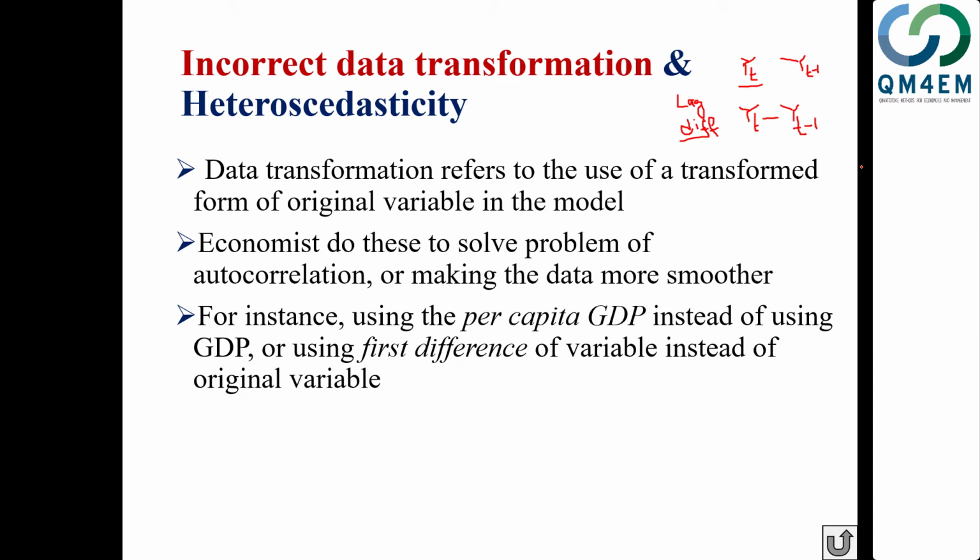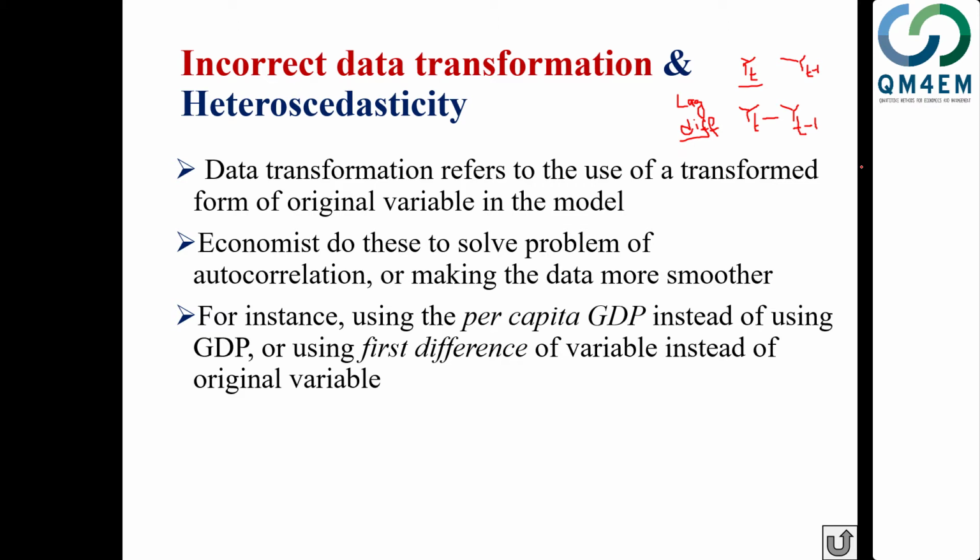Or you use the GDP per capita instead of GDP. So these are kinds of transformations, and obviously they change the interpretation of your variables, but at the same time they do help you to solve problems of, for example, autocorrelation, or give you some more interesting information.